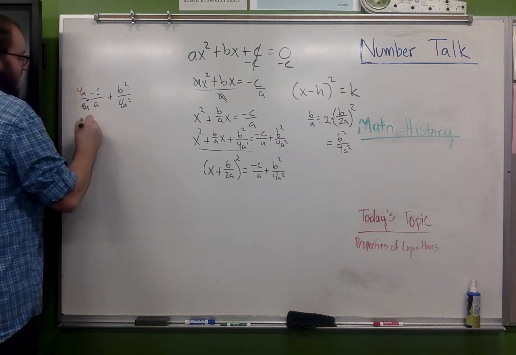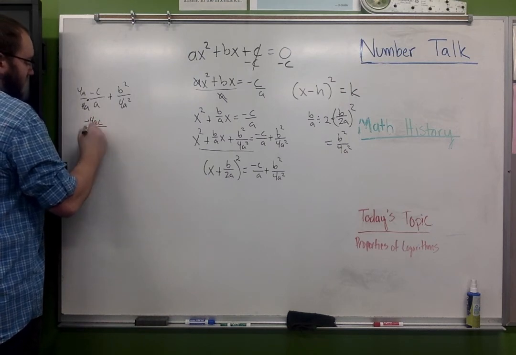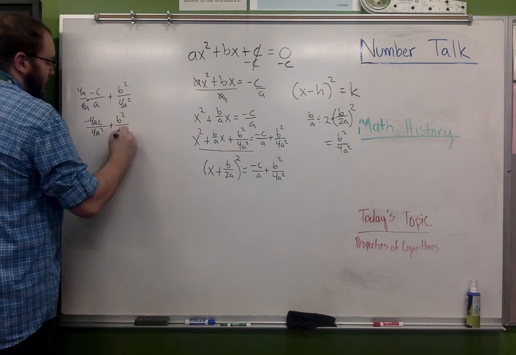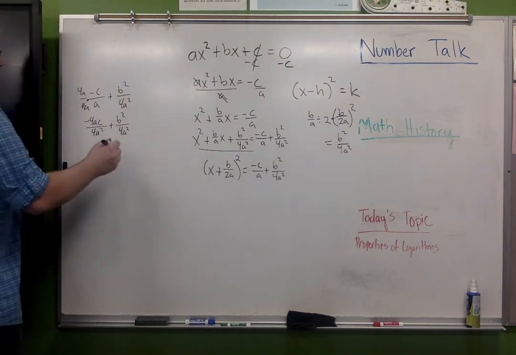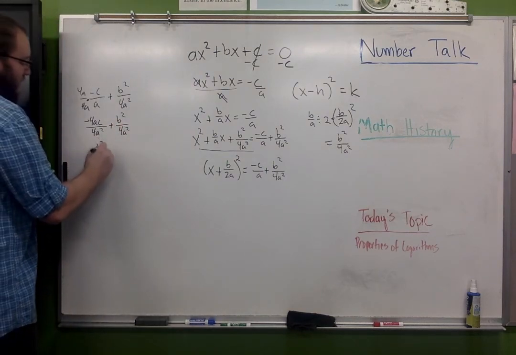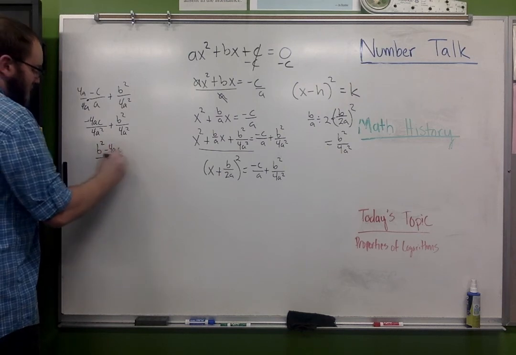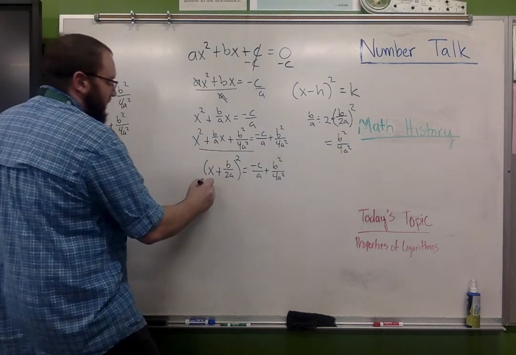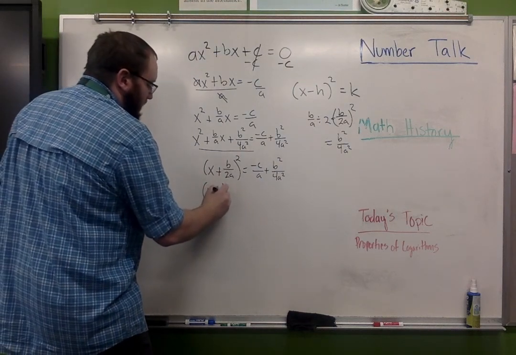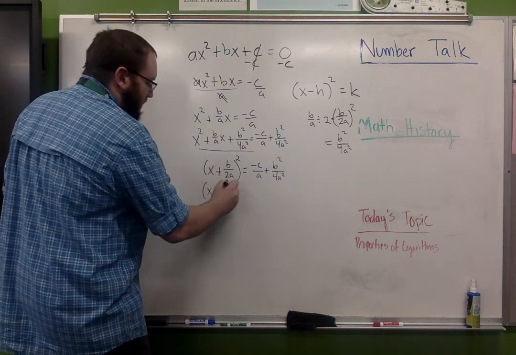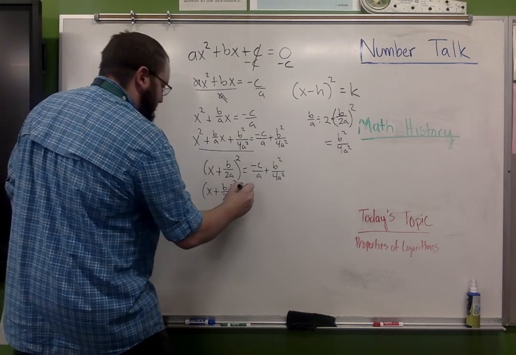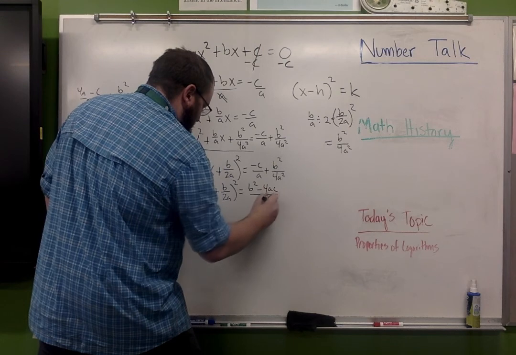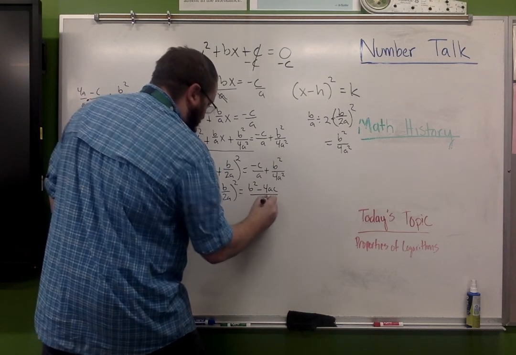So I have negative 4ac over 4a squared plus b squared over 4a squared, which is b squared minus 4ac over 4a squared. So here I have x plus b over 2a, squared, equals b squared minus 4ac over 4a squared.